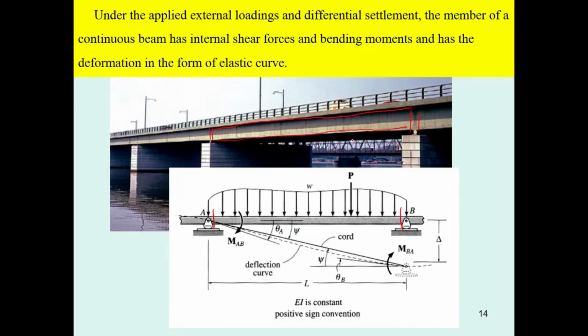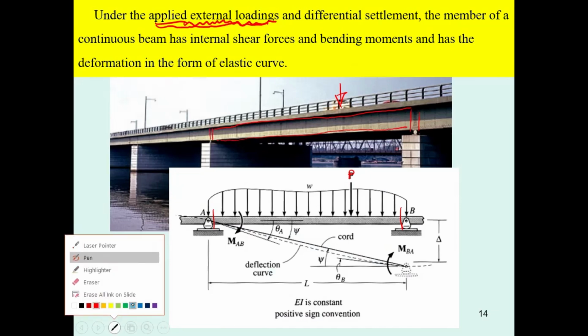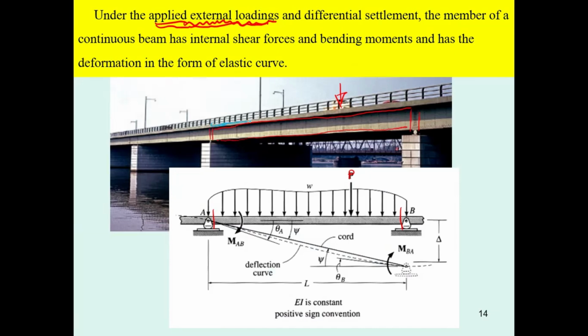Now, what is the beam going to be subjected to? The beam will be subjected to external loading, such as the weight of the car. That's going to be P. It is also subjected to the dead load of its own beam member and the dead load of the traffic surface on top, the concrete.